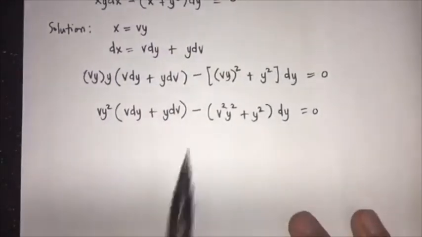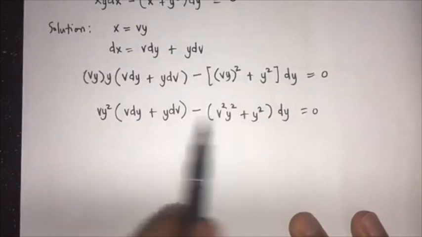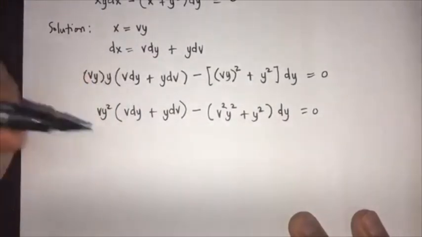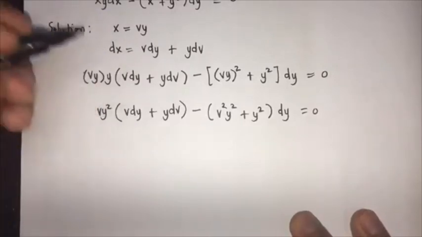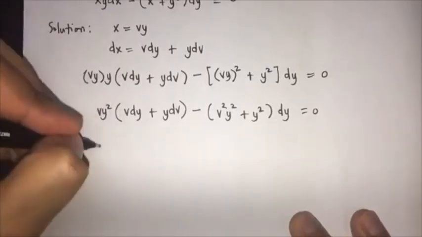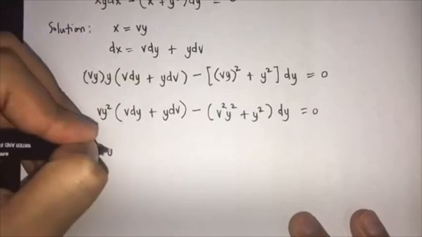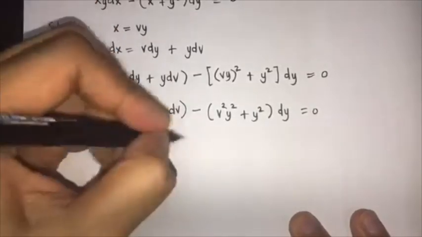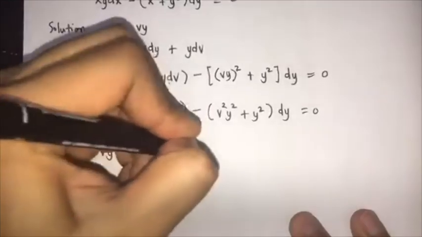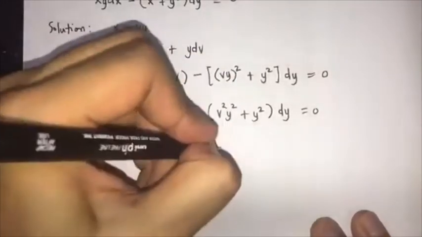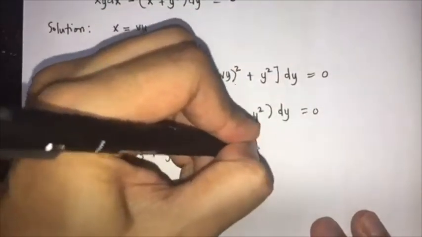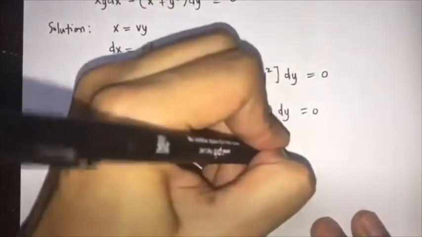So as we can see here, we have a common factor of y squared. Here we also have y squared, so we can cancel out y squared by dividing both sides of the equation by y squared. But first, by factoring, we have vy squared times v dy plus y dv minus, factoring out y squared, we will have v squared plus 1 dy is equal to 0.